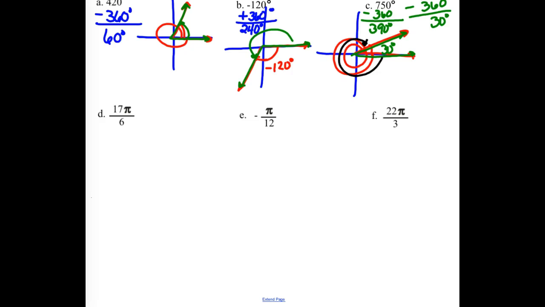Just because there's a pi in there doesn't mean it's a radian. The fact that there's no degree symbol is what tells you it's a radian. I can tell you I have an angle that is 2 radians. There's no pi in there, but there's no degree symbol, which means I'm talking about radians. Does that make sense? Okay.